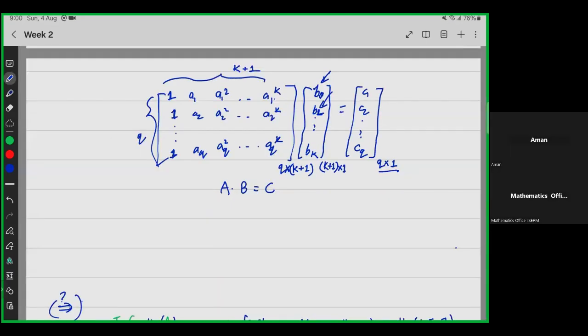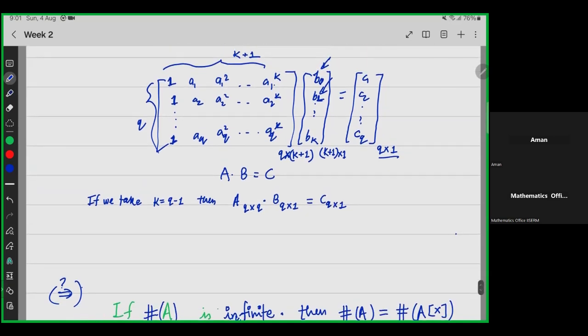So if we take k equal to q minus 1, then A is a square matrix of q cross q, and B is a matrix q cross 1, and C is also q cross 1.